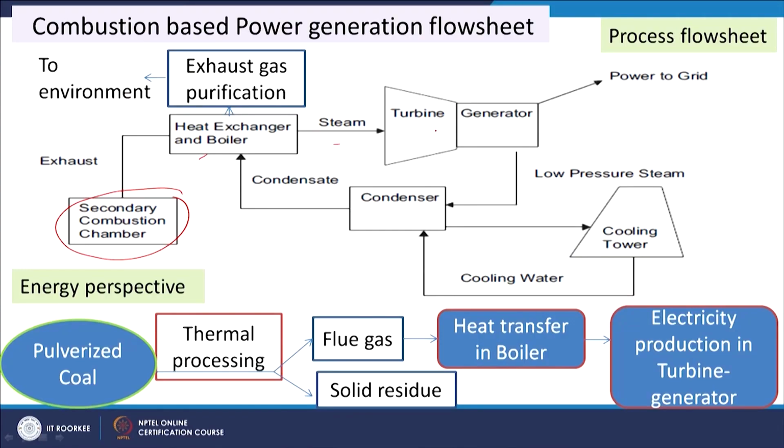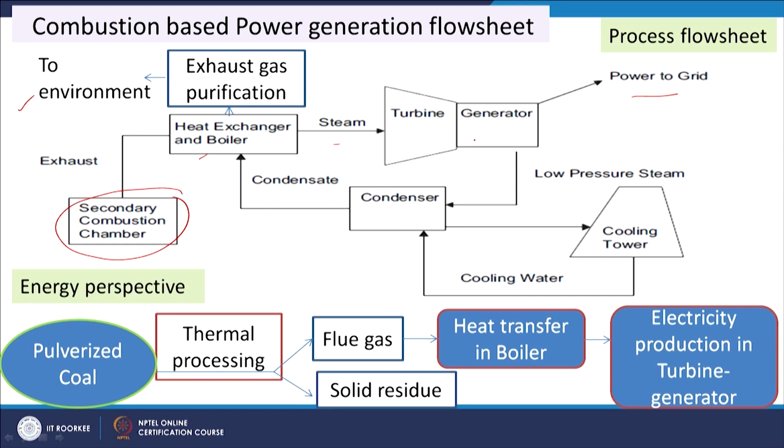The steam goes to the turbine, a steam turbine coupled with a generator. So, power goes to the grid; that is one way we get electricity. The flue gas, after exchanging its heat in the boiler, goes to the environment as exhaust gas.